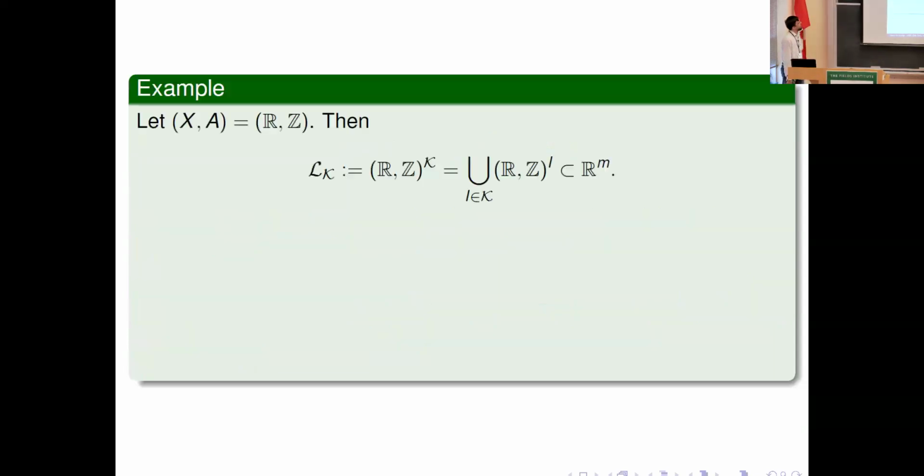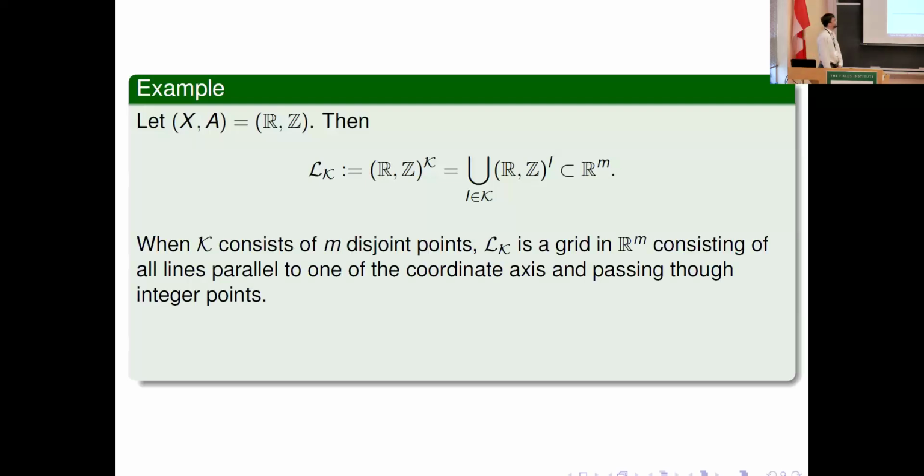Let (X, A) be (R, Z), the real numbers and integer numbers. Then we have L_K, the (R, Z) polyhedral product. When K consists of m disjoint points, L_K is a grid in m-dimensional real space, consisting of all lines parallel to one of the coordinate axes and passing through integer points.